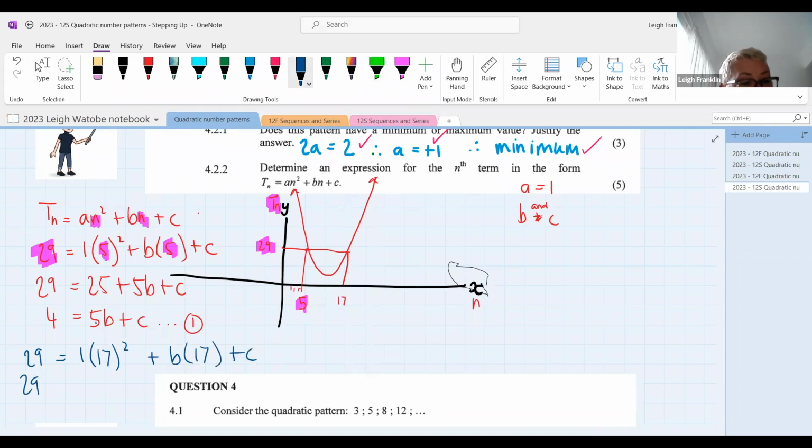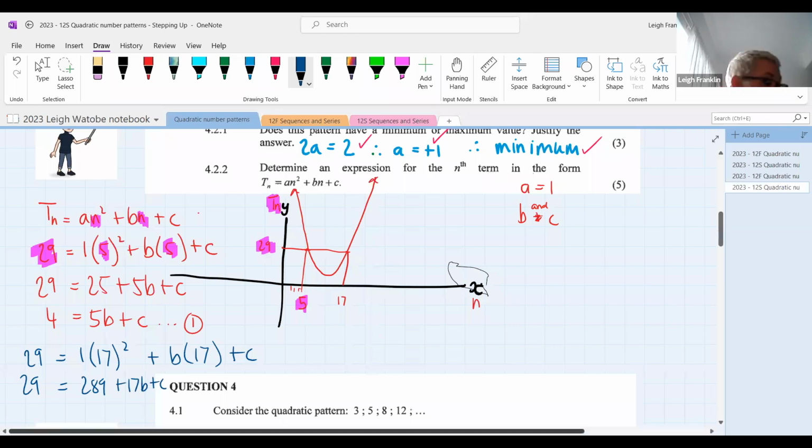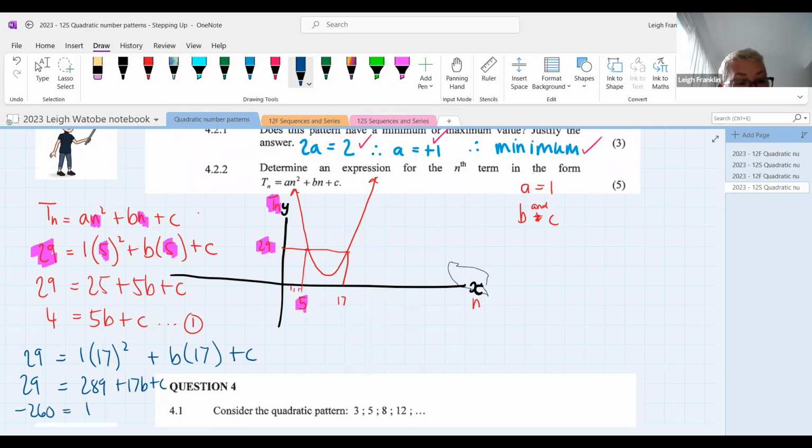So this gives us 29 equals 289 plus 17b plus c, and then if we take that 289 over to the other side, we get minus 260 equals 17b plus c, and that, ladies and gents, is our second equation. So now we have two equations in terms of b and c, that I've now highlighted in turquoise for us.